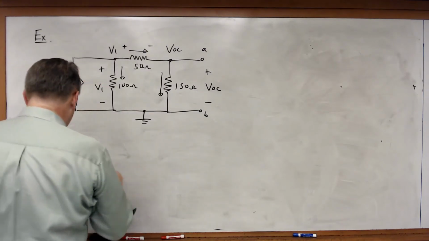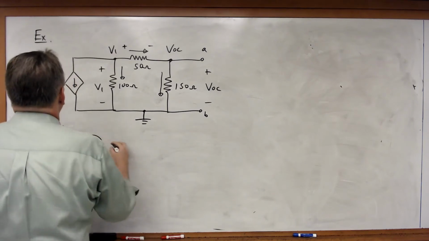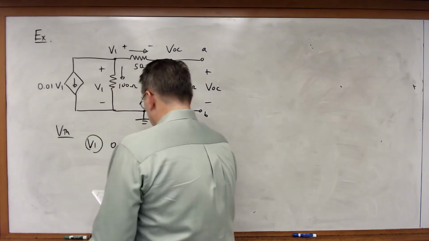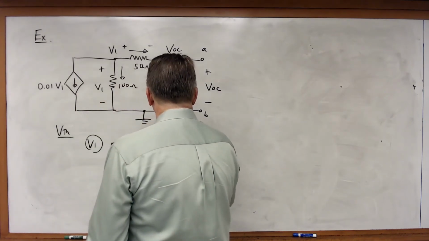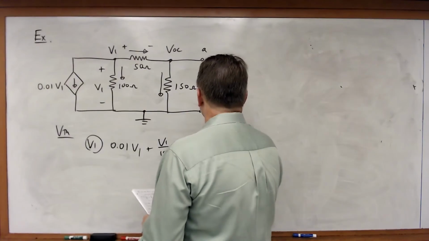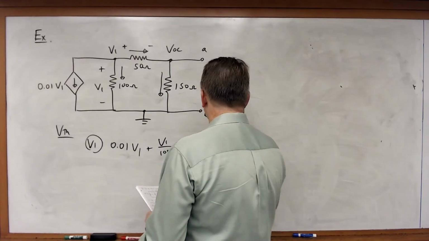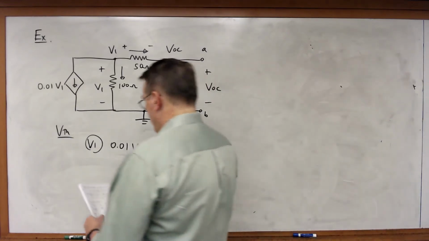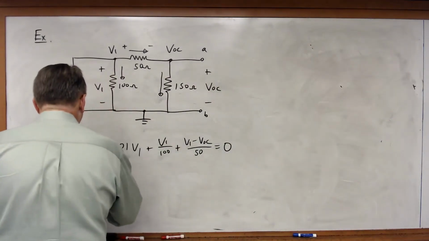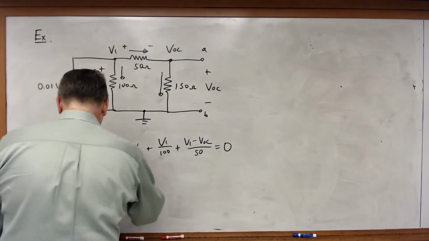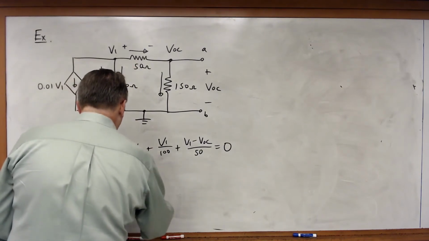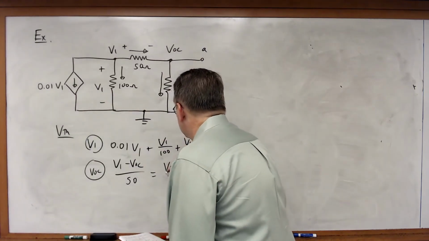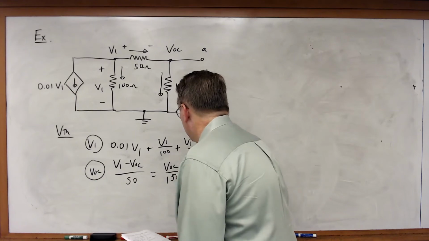So for my V1 node, I'm going to have 0.01 V1 plus V1 over 100 plus V1 minus VOC over 50 is equal to 0. And for my VOC node, I will have V1 minus VOC over 50 is equal to VOC over 150.